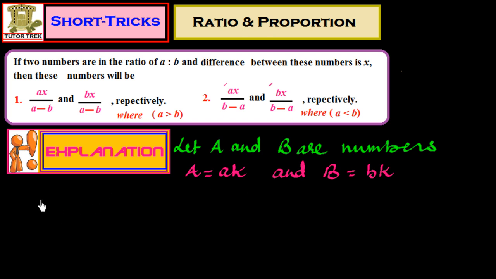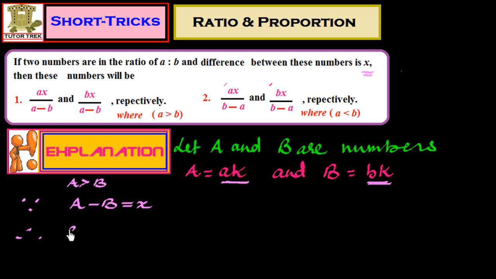Now as per the given condition, if we assume that a is greater than b in the ratio a is to b, then the a number is greater than the b number. So a minus b, the difference of these two numbers, is x. Now we put the values of a and b, because we know that a is equal to ak and b is equal to bk.